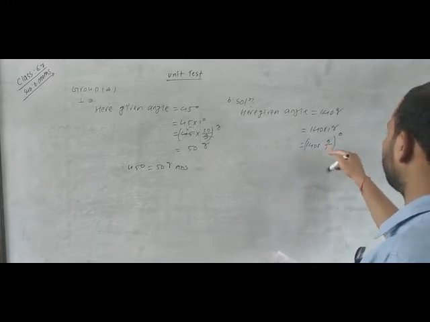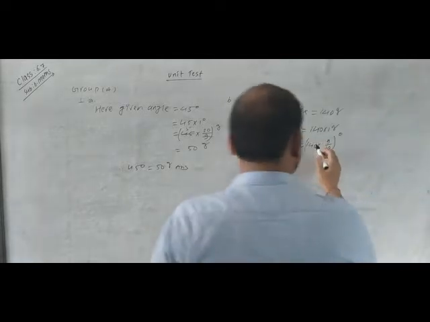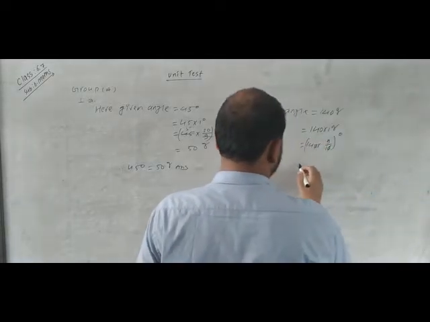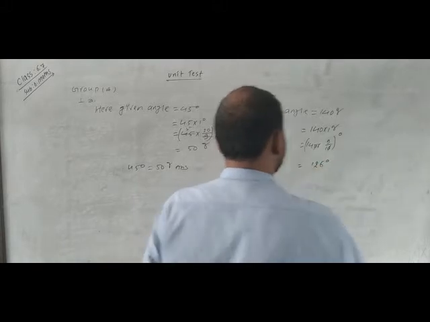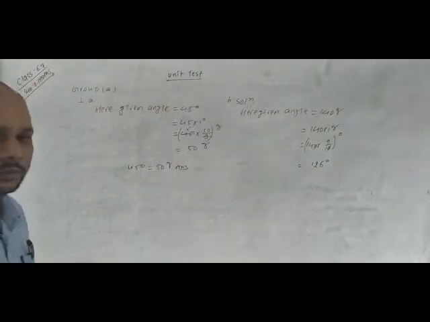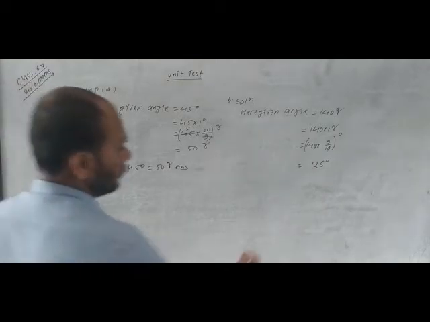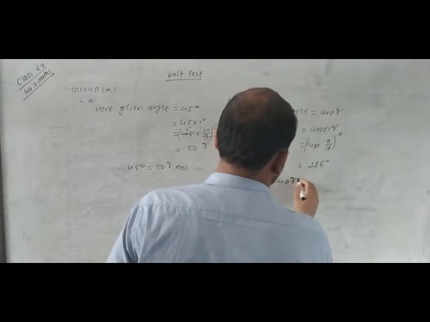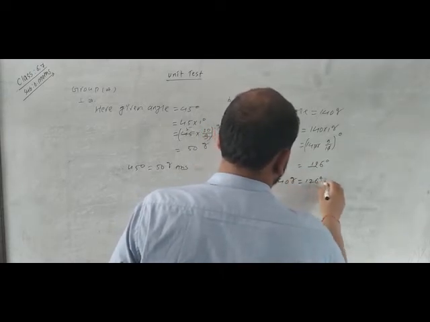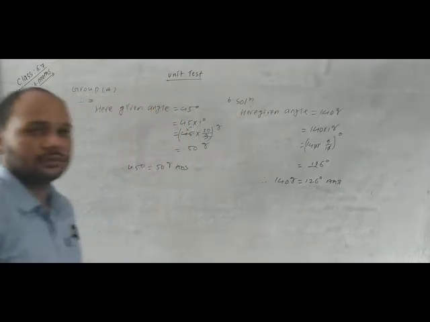When we multiply by 9 by 10, cancel, write down, and therefore 140 grade is equal to 126 degree. This is the required answer. In this way you solve, match your answer with me.